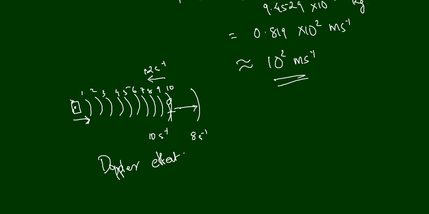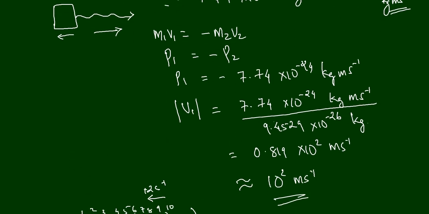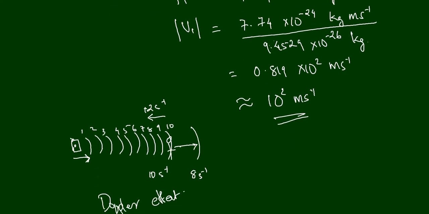The same thing is happening here also. When the photon is being emitted, the nucleus has a recoil velocity, meaning the nucleus is moving. The nucleus is not at rest, and because of this movement of the source nucleus, the frequency felt by the receiving nucleus will be different.